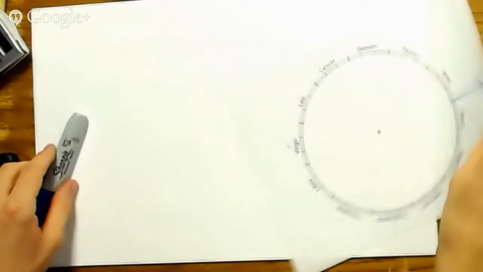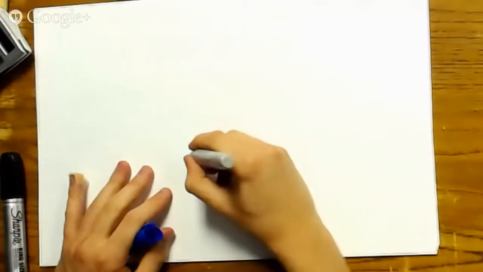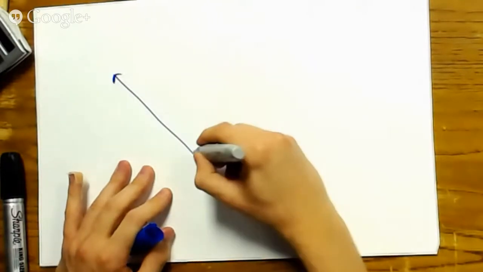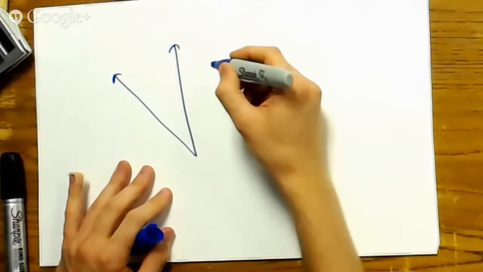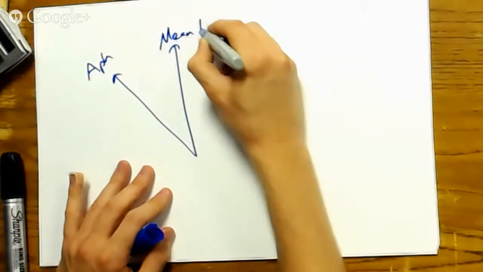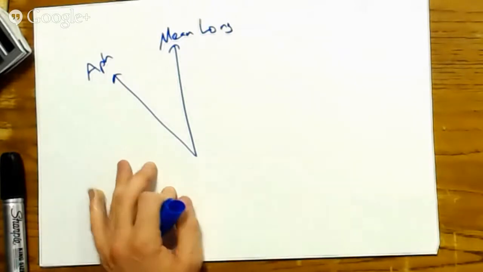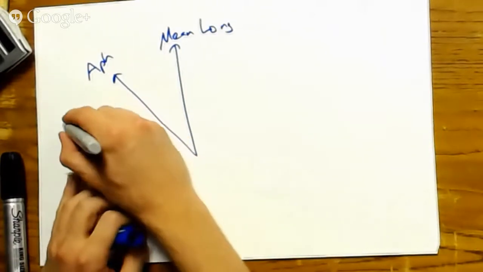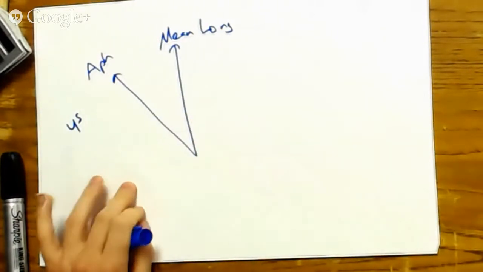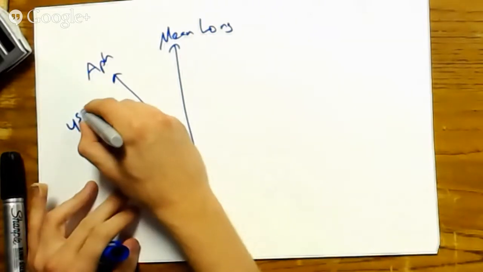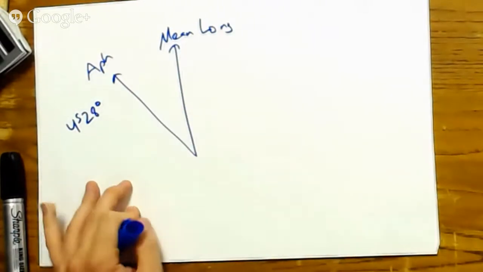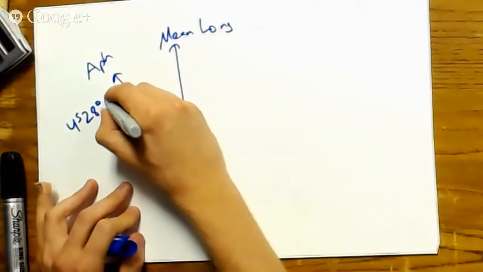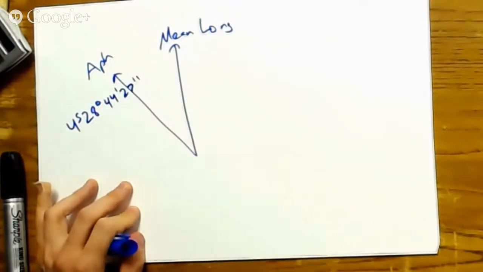Okay, let's just write down those two numbers then. So here's the aphelion, and here's the mean longitude. To write down the numbers, he says the aphelion is 4 signs, 28 degrees, 44 minutes, 27 seconds.